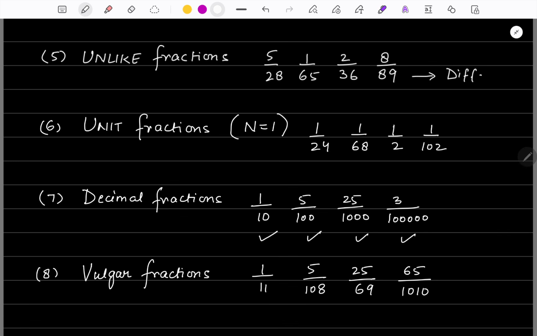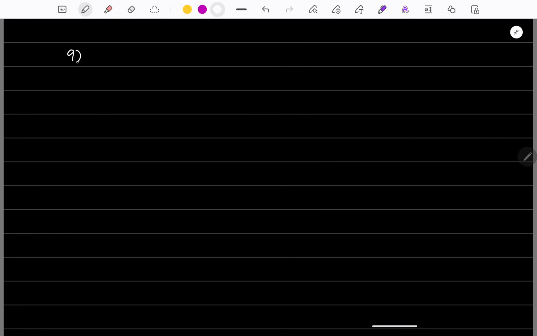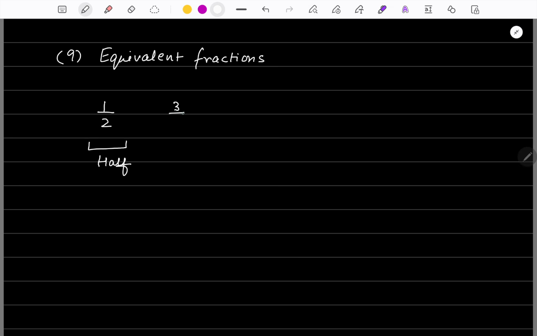Now the next one in the series is equivalent fractions. Equivalent fractions are the fractions that represent the same part of a whole. We understand this by taking a very simple example, 1 by 2. 1, that is the numerator, is representing half of 2. So we can say that this fraction represents half. Let's say 3 by 6. Now 3 is half of 6.